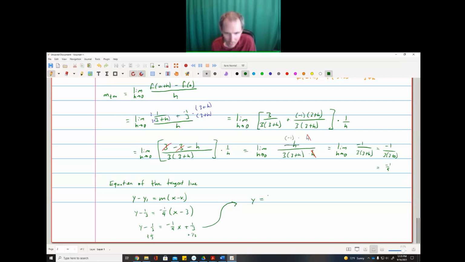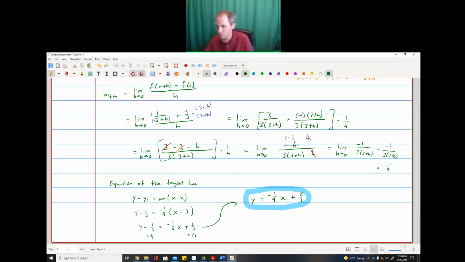So I have y equals negative 1/9 x plus 2/3. Get the y equals. Okay, so that's our equation of the tangent line.